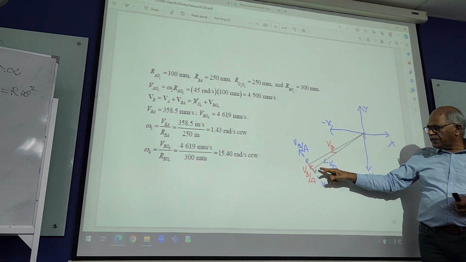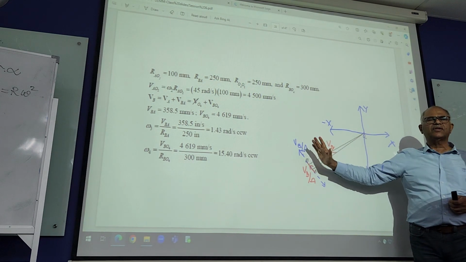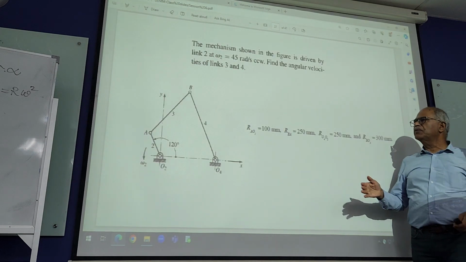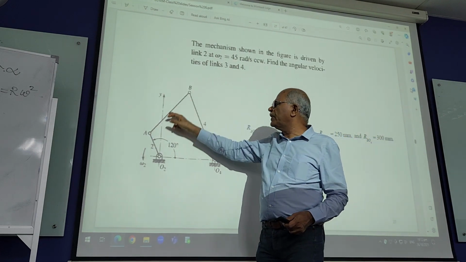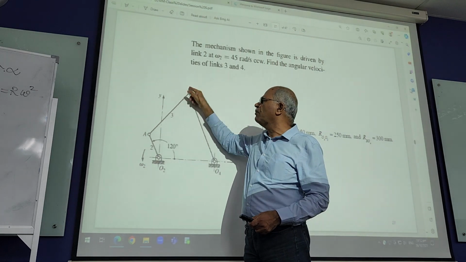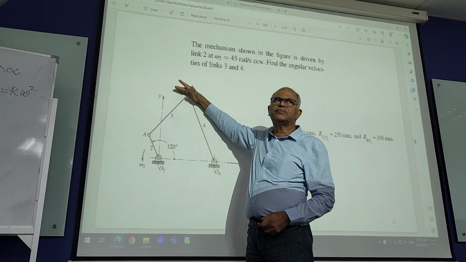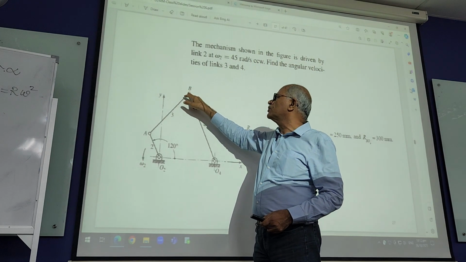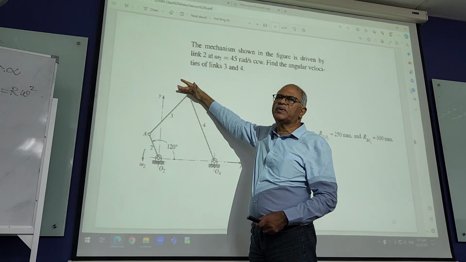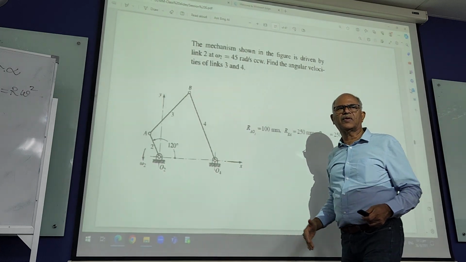Now from the tip of this, we know the direction of velocity B to A. Velocity B to A will be perpendicular to the link BA. If you are not sure, you can choose a local coordinate axis and measure the angle.